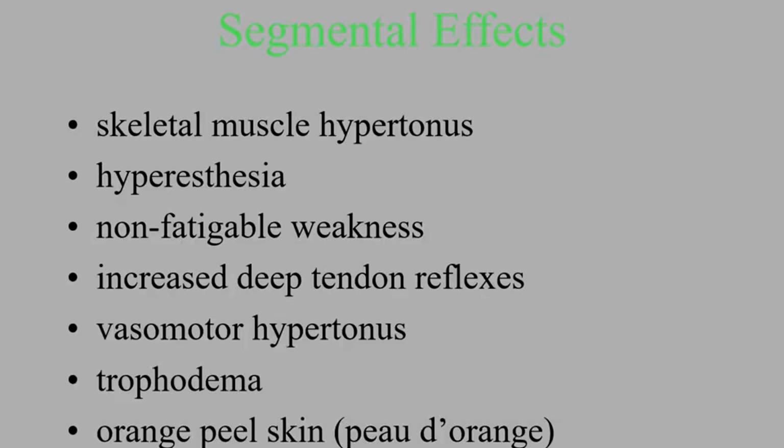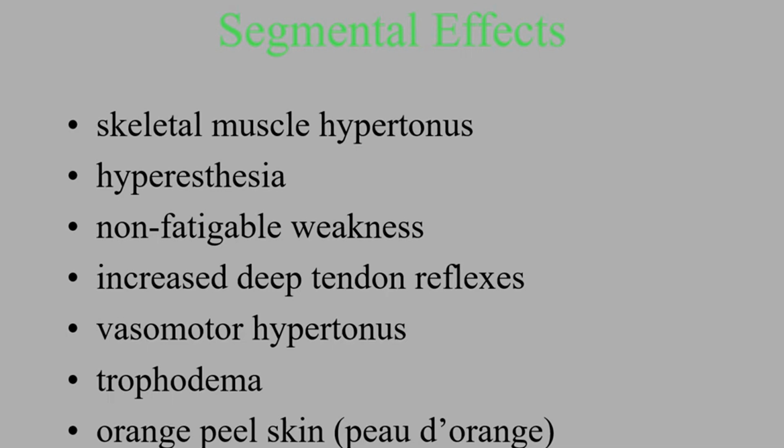So looking at the segmental effects, we see skeletal muscle hypertonus. This is due to a misreading of the intrafusal fiber output and an overreaction to that perceived output, with a correspondingly increased extrafusal fiber response. There's hyperesthesia.